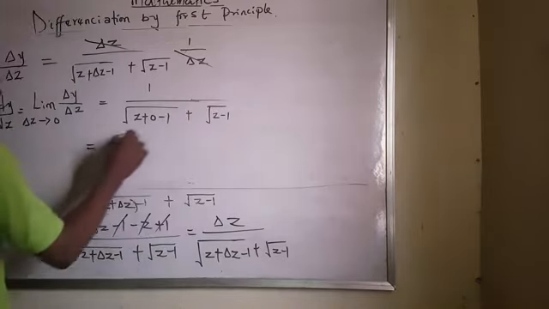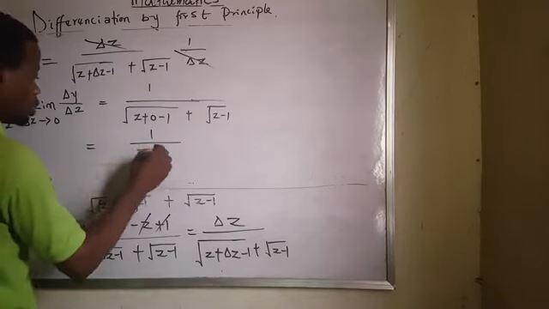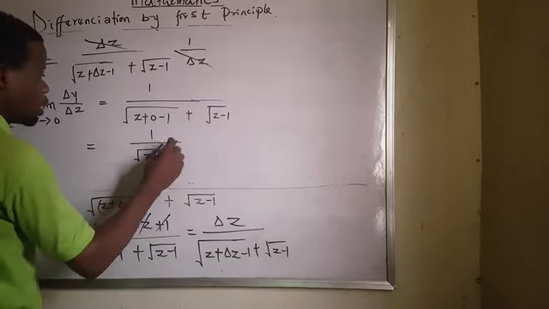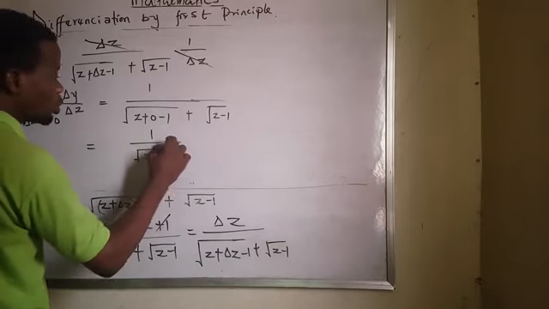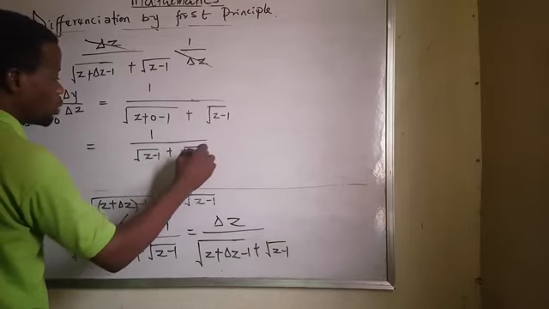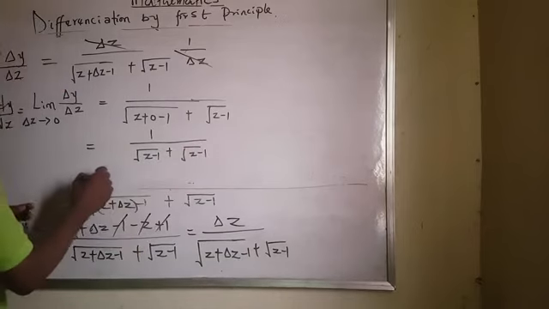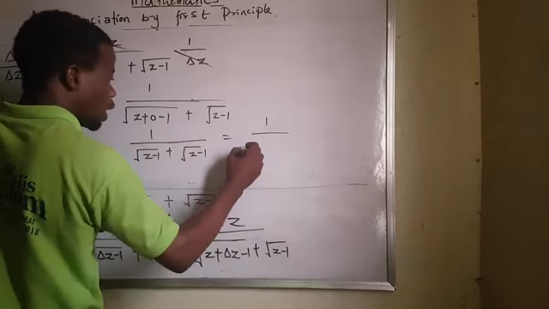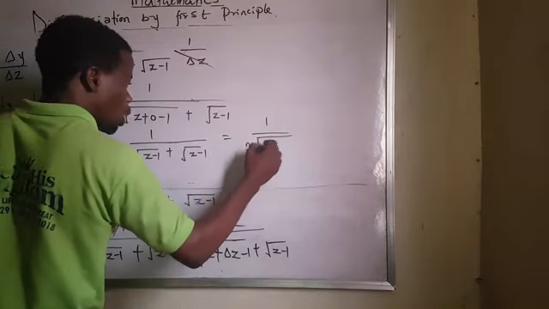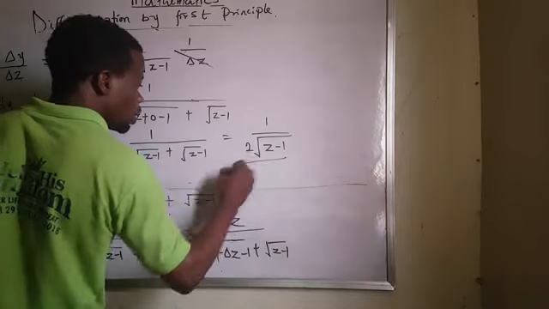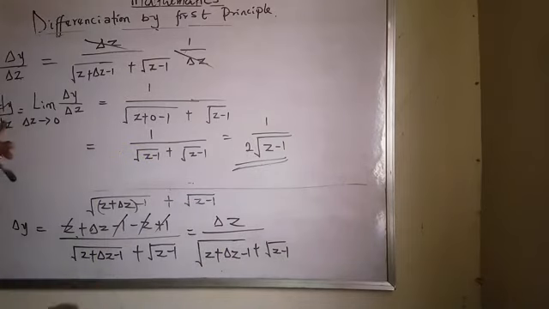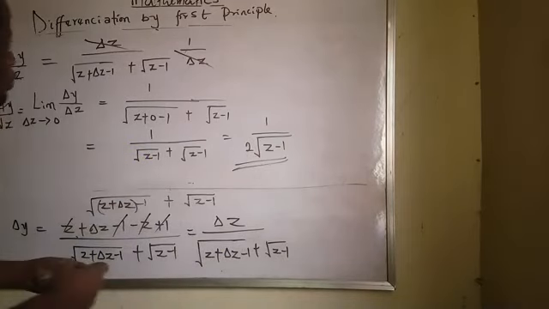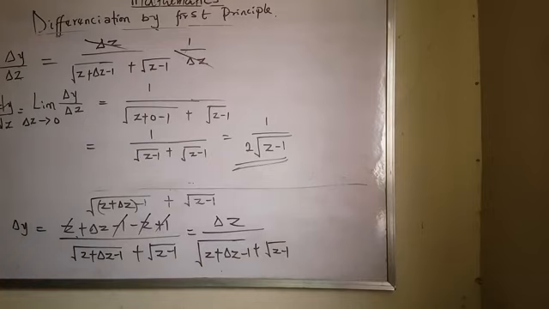So that becomes 1 over the square root of z minus 1 plus the square root of z minus 1. What does that become? That becomes 1 over 2 square root of z minus 1. This is our dy dz. We are good to go.